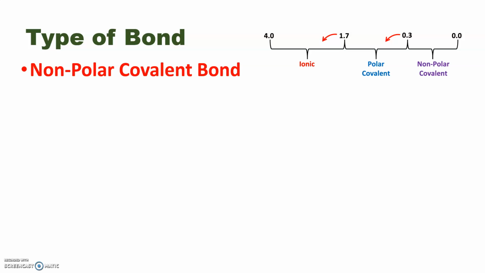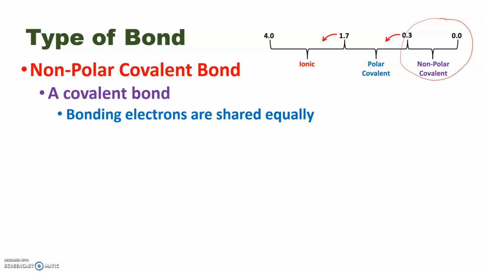Okay, so the types of bonds. The first one is a non-polar covalent bond. So it fits into this category. Non-polar covalent bonds are covalent bonds where the electronegativity difference is very, very small. So it's anywhere from 0 to 0.29.